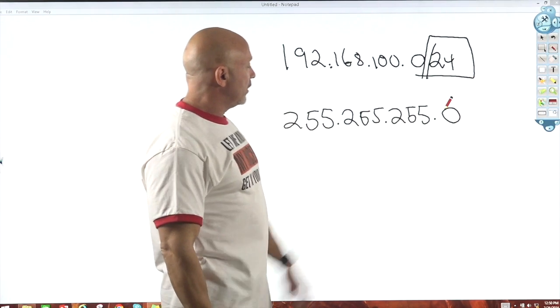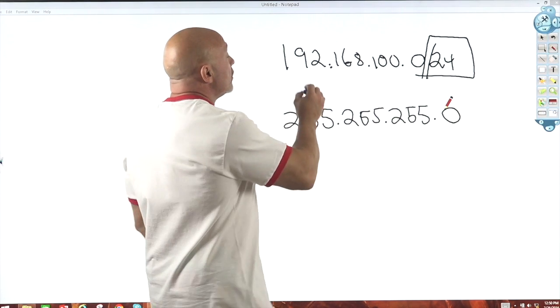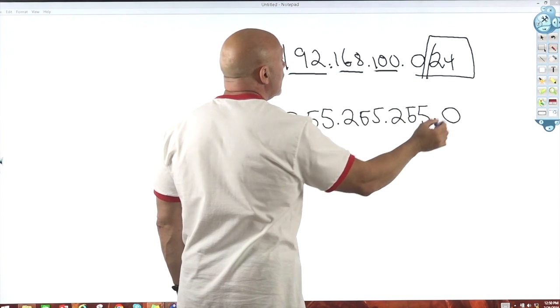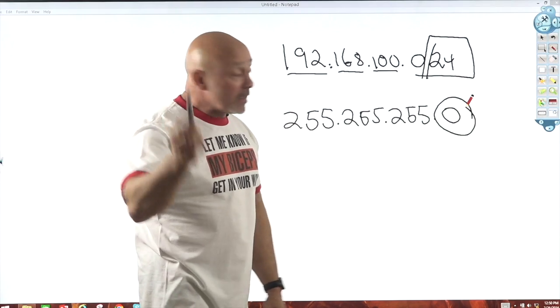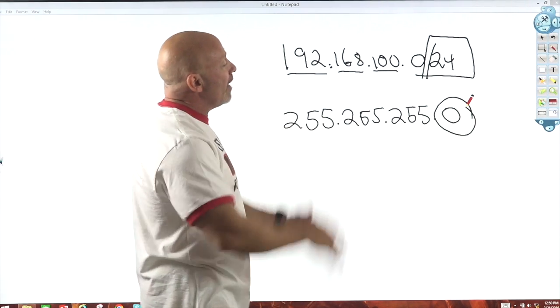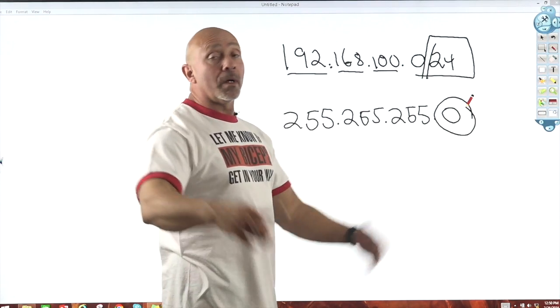It takes a while for the dots to come out. That means you're not doing anything in the first three octets. You can only work in the last octet. So the first thing you need to do when you're subnetting is pay attention to that. Let's say you have that address and you want to subnet it.